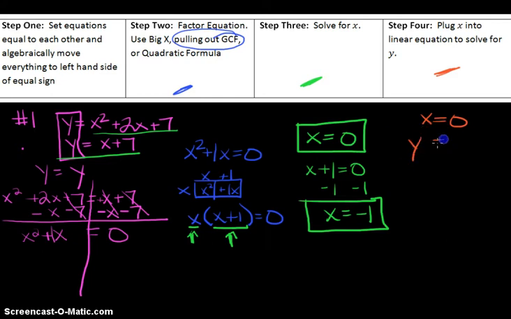So y equals, I'm using this equation right here. Okay, so x plus 0, so it's 0 plus 7, so y equals 7. So my first intersection point is 0, 7.